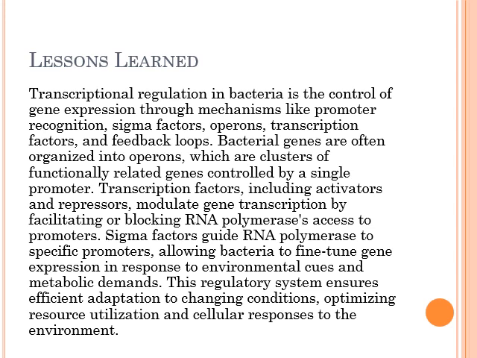For bacteria, regulation means controlling gene expression by stopping the promoter from binding or by helping the promoter bind. You need to have promoter recognition, sigma factor, these large operons where you can have a gene product produced and then something else will land on the operon to stop it, or something will land on the operon to help recruit something else.